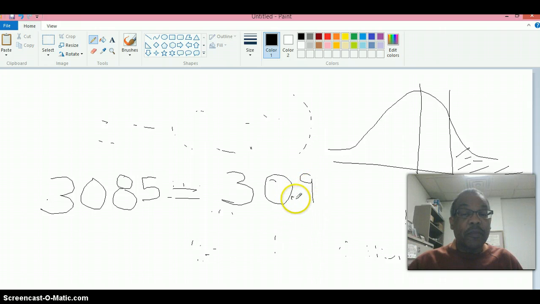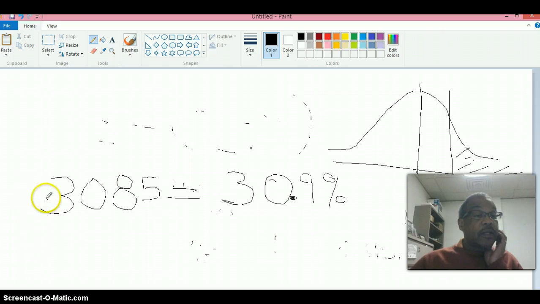That's the decimal converted to a percentage, 30.9%. So that should have been your answer.